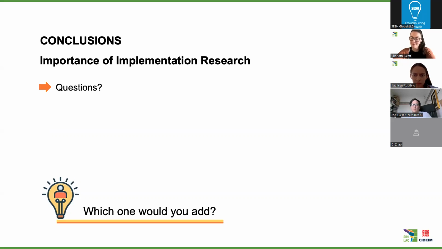Yeah, and one other question from Vita that I think is an important one. In many LMIC contexts, implementation research is on a shoestring budget. We say shoestring budget in English, which means there's no budget.